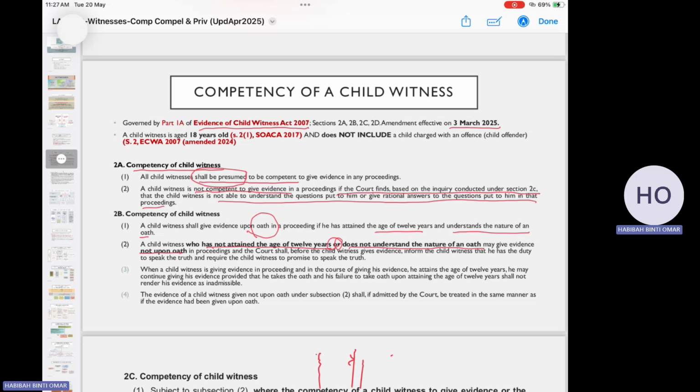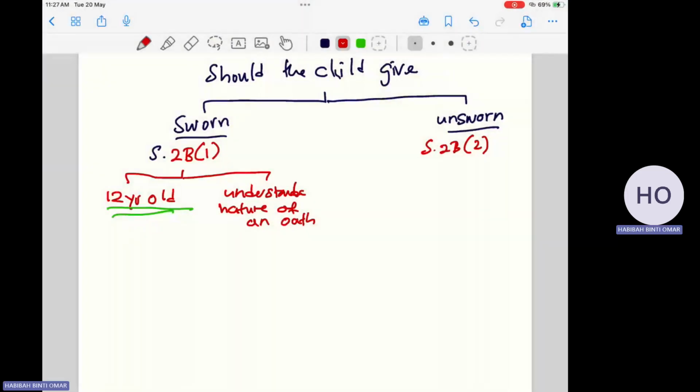So basically under section 2B subsection 2, you are dealing with a child who is below 12 years old, and the child here does not understand the nature of an oath.